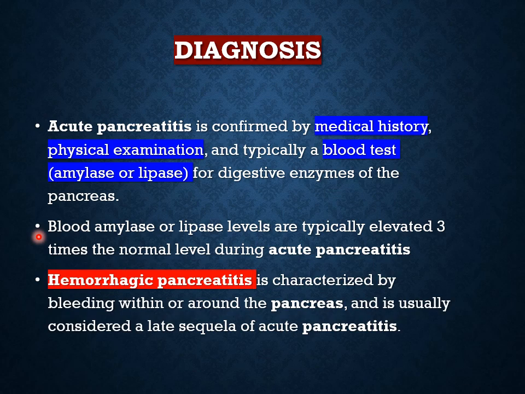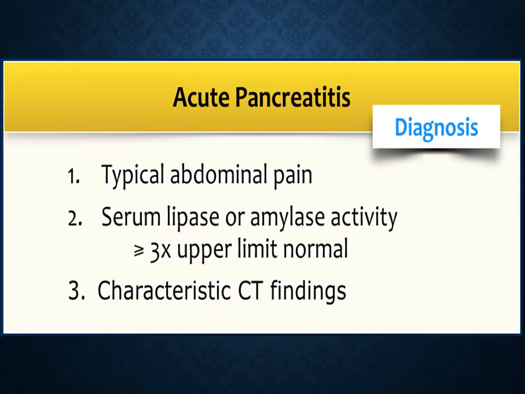Hemorrhagic pancreatitis is characterized by bleeding within or around the pancreas and is usually considered a late sequela of acute pancreatitis, and this produces the Cullen's and Grey Turner signs. So for diagnosis, these 3 things are very important. Acute pancreatitis is diagnosed by typical abdominal pain and vomiting, serum amylase or lipase 3 times the normal limit, and the characteristic CT findings which I will show you in a short while.